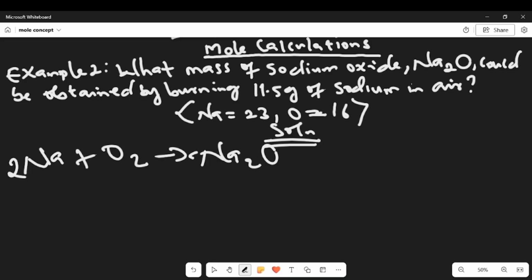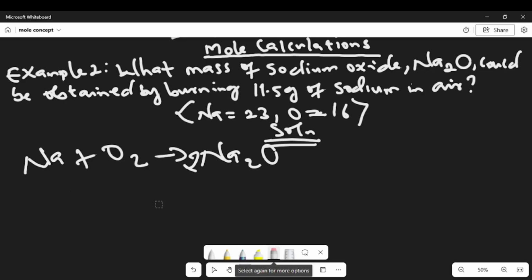So if you add 2 here to make oxygen at the product side 2, you've actually changed the value of sodium. So you will clean the previous one you wrote, which is this 2, and add 4 here. That is 4 atoms of sodium, and 2 times 2, 4 atoms of sodium. And for oxygen, you have 2 atoms here, and here you have 2 atoms. So you've done justice to that.